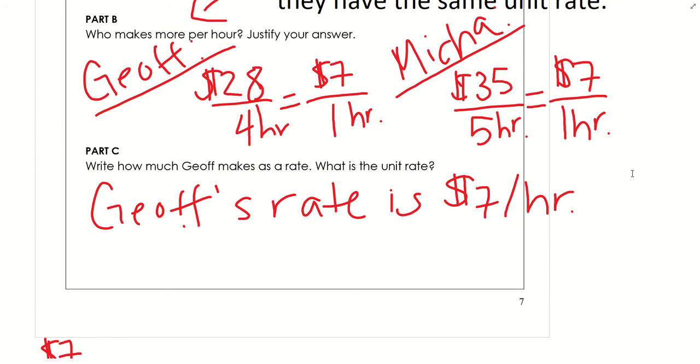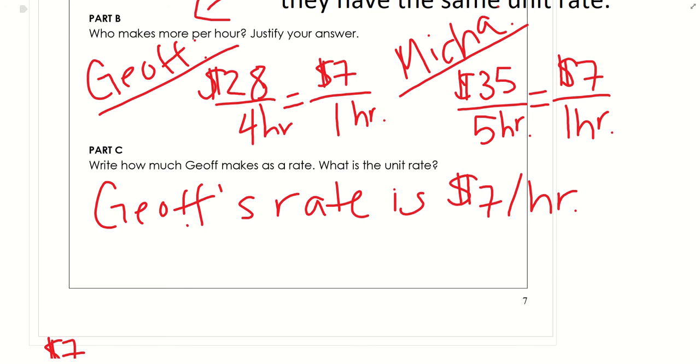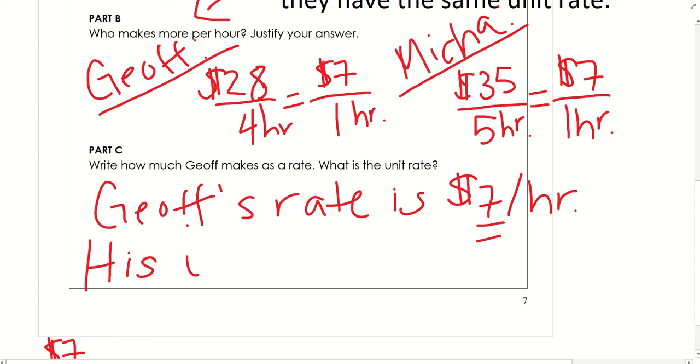Well, I know that my unit rate is just my rate minus the units. So that must mean that his unit rate is just plain 7. Not $7 an hour. His unit rate is just 7. So you would write his unit rate is 7.